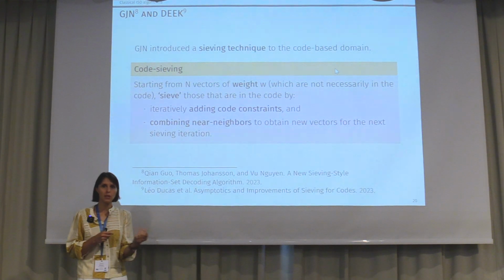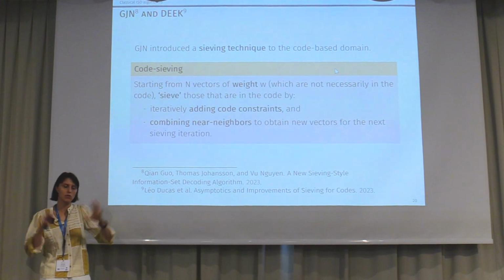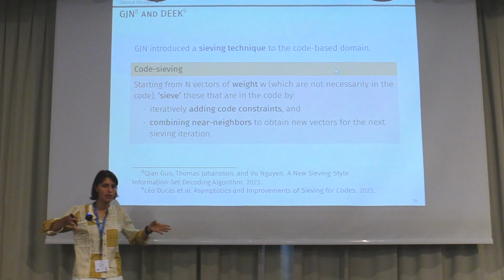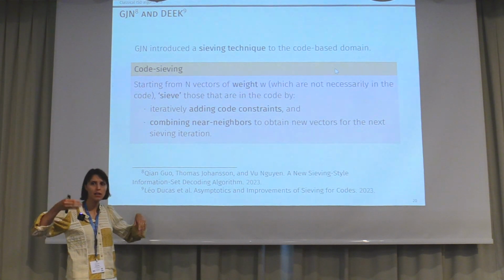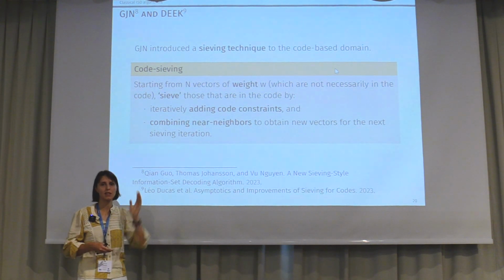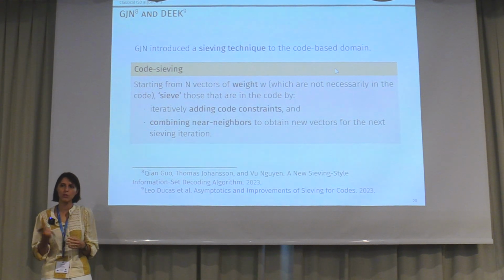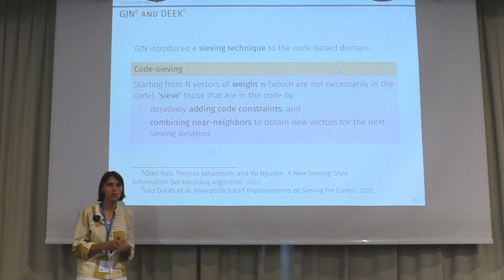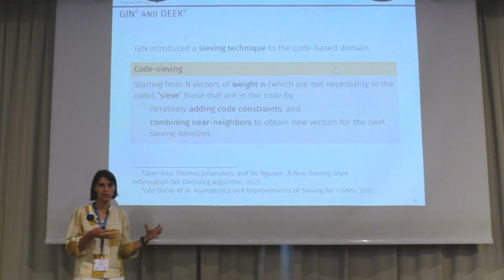And each time you do that, you start from N vectors that are of weight W. You can also imagine them geometrically as vectors on the sphere of radius W. Then when you add one code constraint, you basically cut the number of these vectors in half, because this syndrome can be equal to 0 or 1. So adding one code constraint will cut half of your vectors.